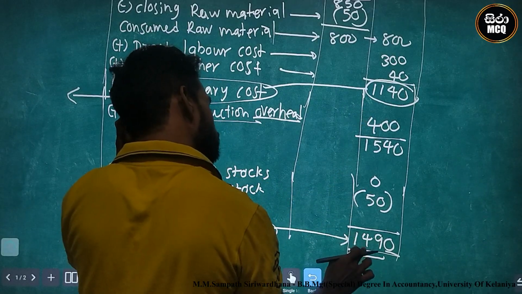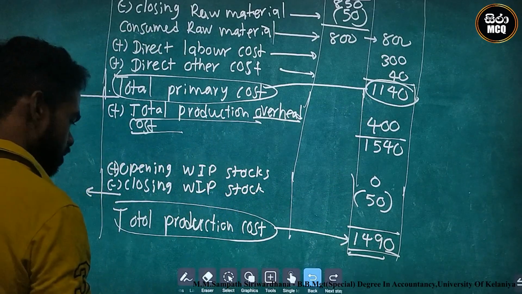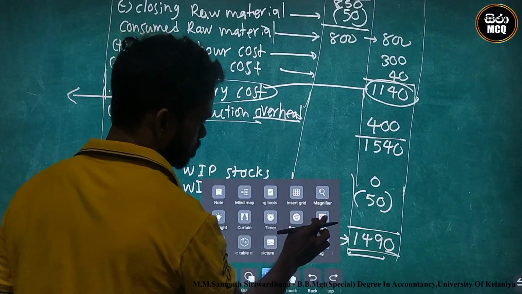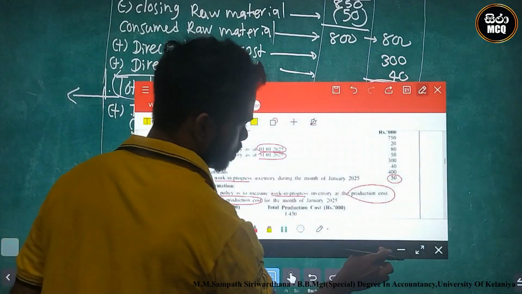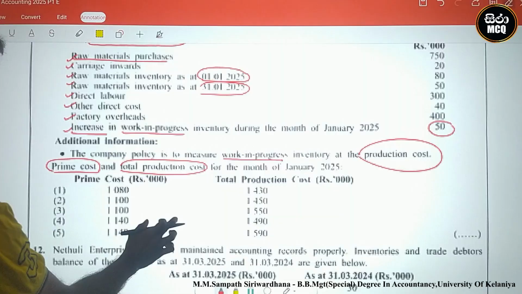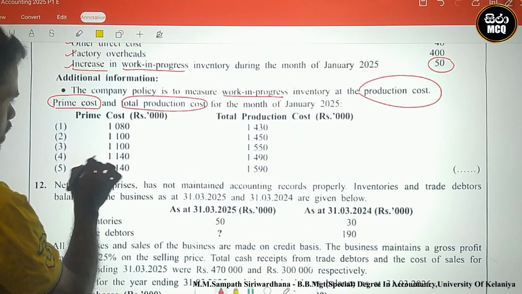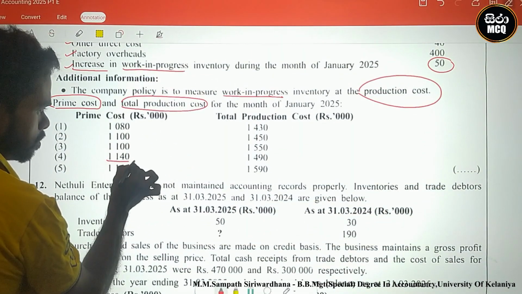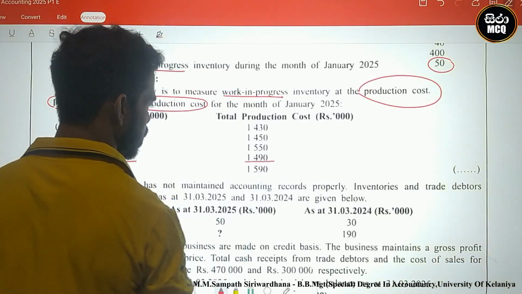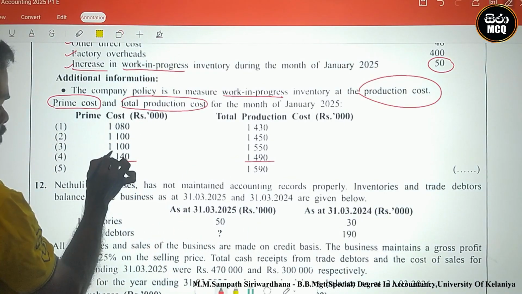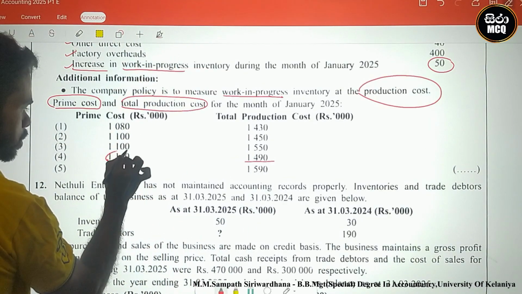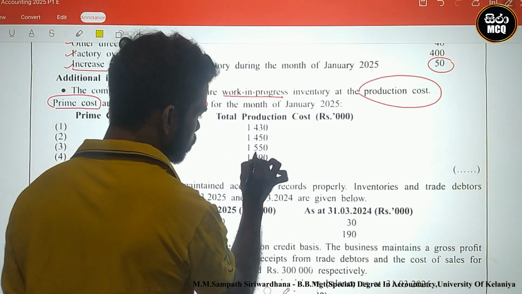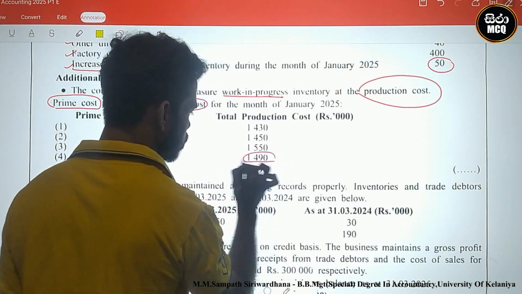What is the answer? 1,140 is the primary cost and 1,490 is the total production cost.